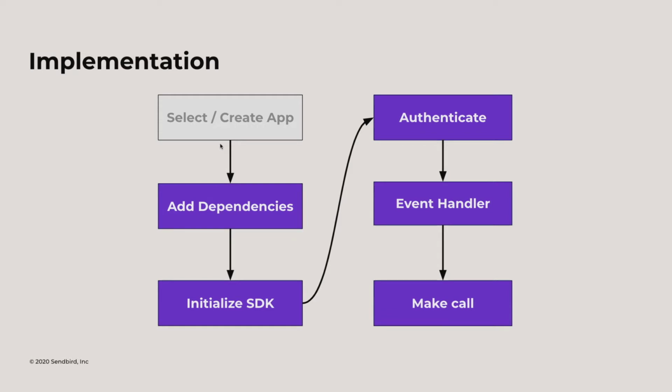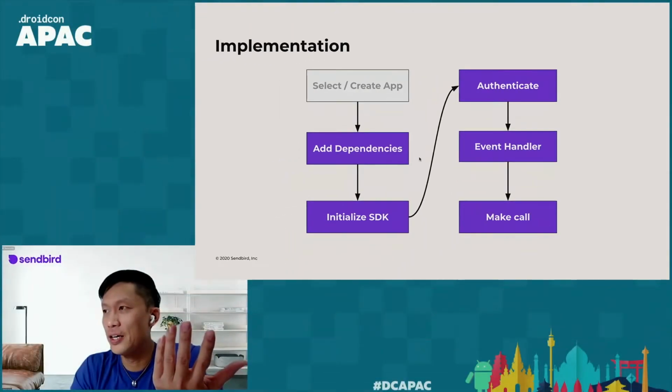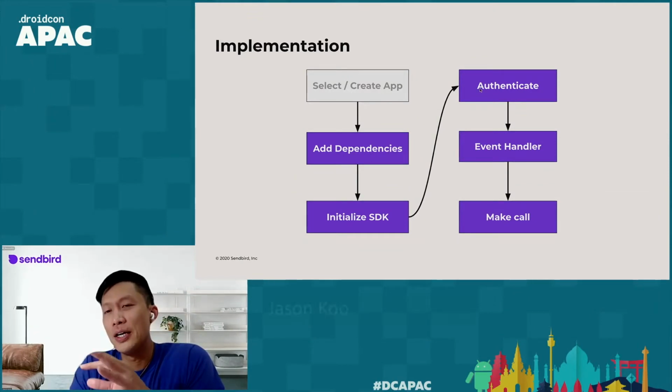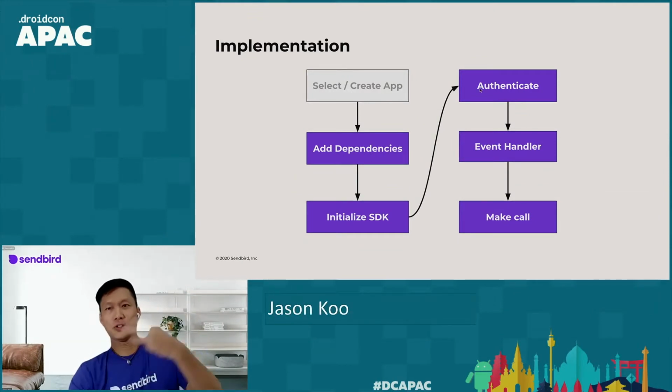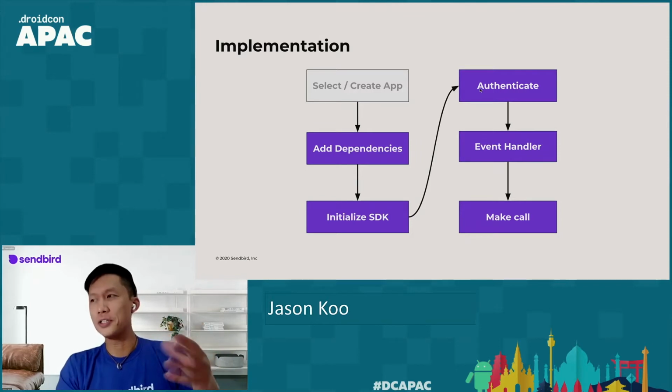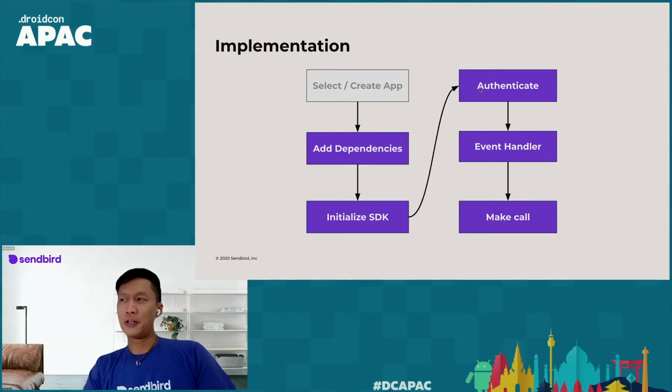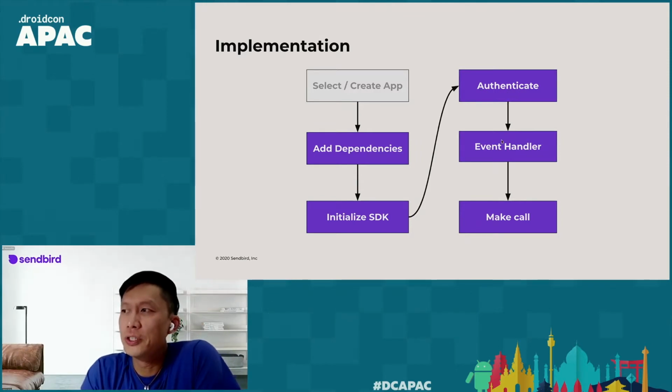Now with the code implementation, just like any other SDK, we're going to add the dependencies in the Android manifest and also in the build Gradle files. And then we're going to pick some place to initialize the SDK. Then we will need to authenticate, which you will want to call from your own sign-on process, but our library will also need to be authenticated. And then we will set up some event handlers and then show you how to make a call.